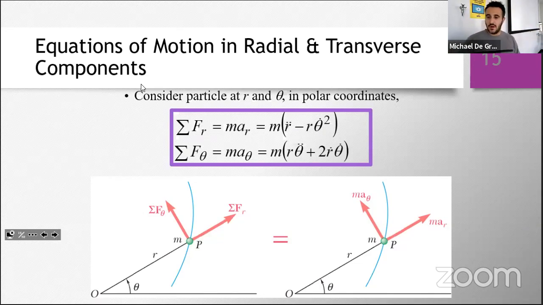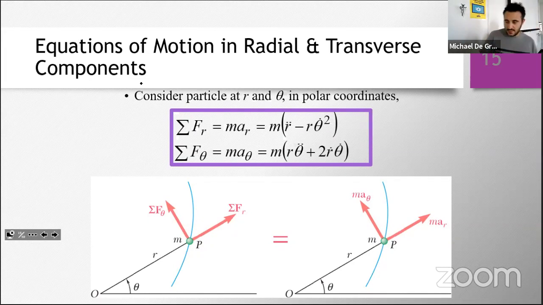This R in normal and tangential, R is equal to rho, right? And R is not changing with time. In radial and transverse, R is not constant. It can change as a function of time, okay?